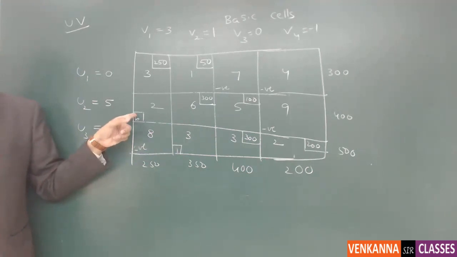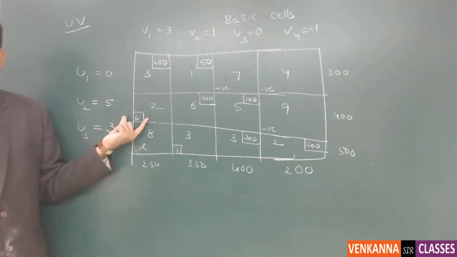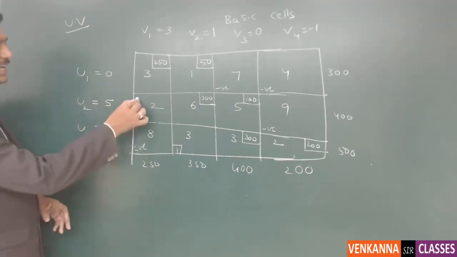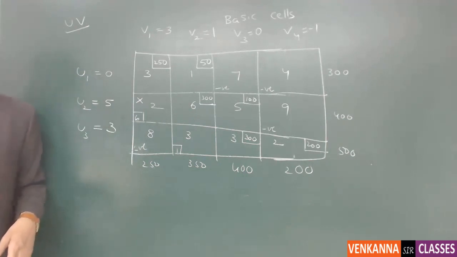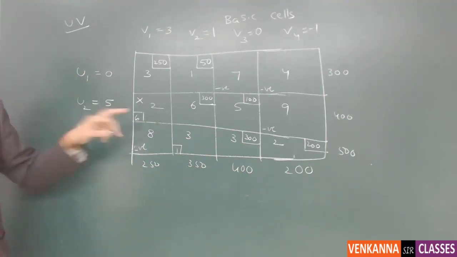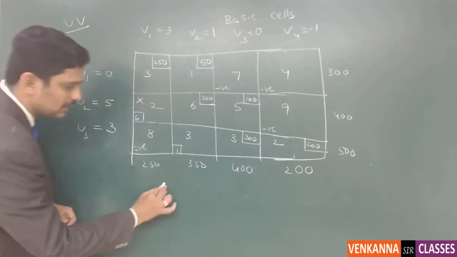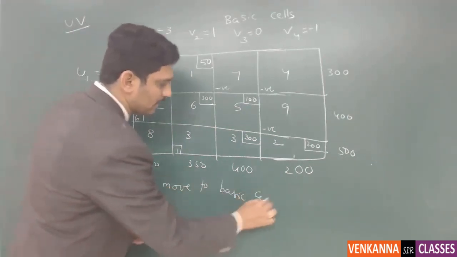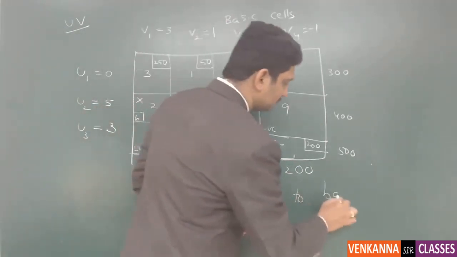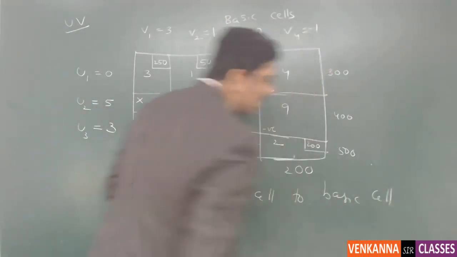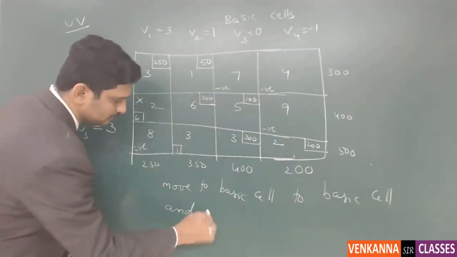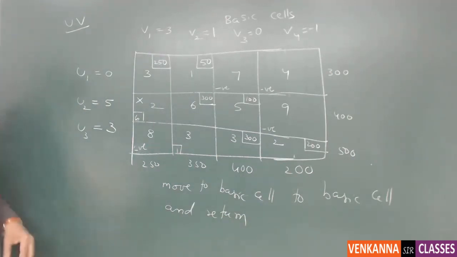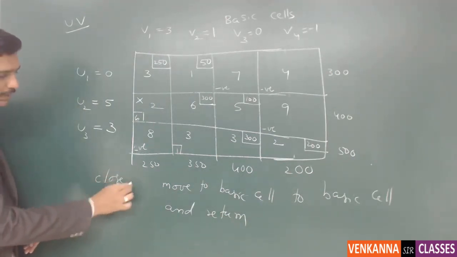So I am taking the cell having the positive penalty value 6. So I am calling it as X. Now what happens? How am I improving? From this cell, I move to the basic cell, and return, so that I will have a closed path.